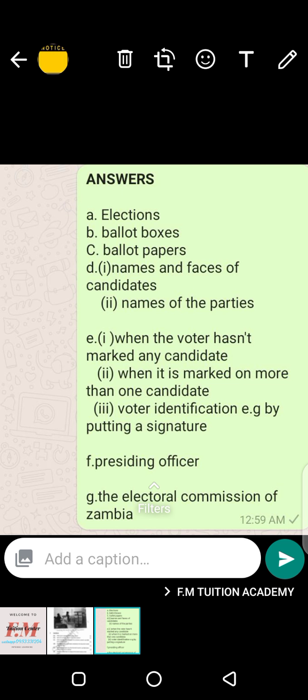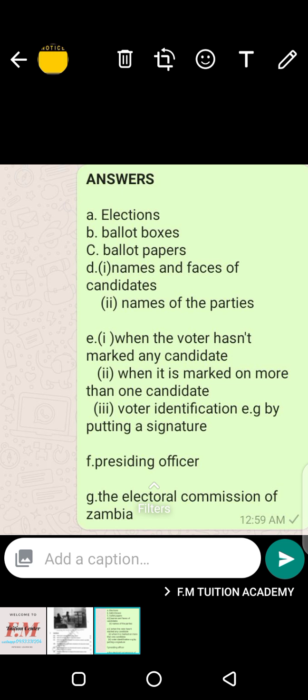That's the one that does most of this work and ensures that elections are held free and fair, okay, by creating a bridge between the people voting and those at the polling station, including the candidates that have been voted for. It ensures that the elections are free and fair by providing transparency and security measures.